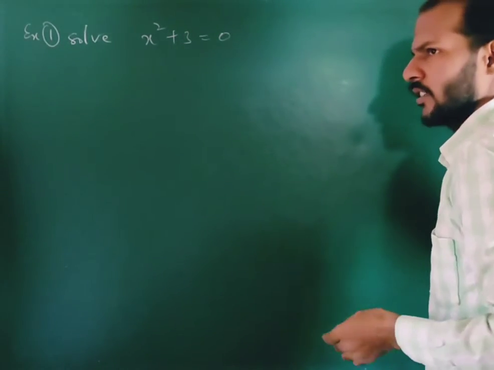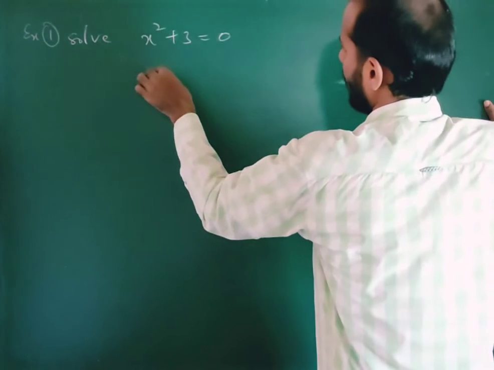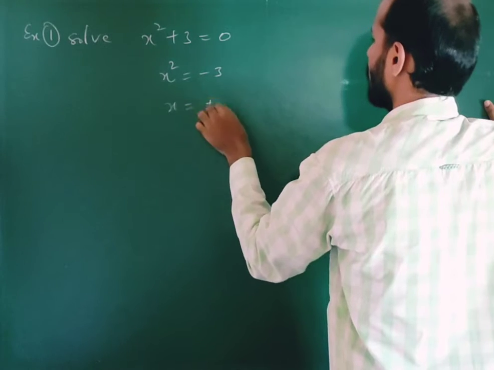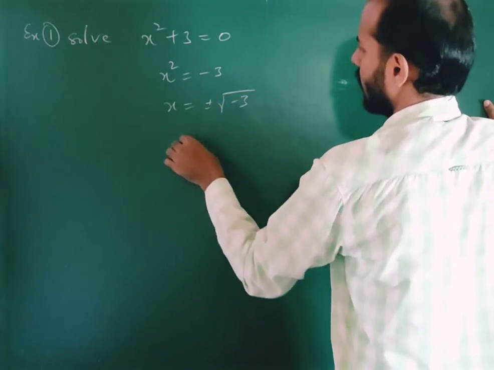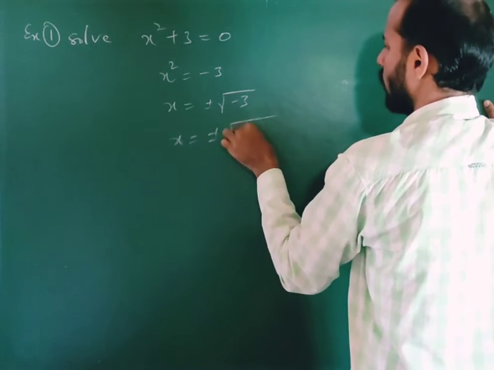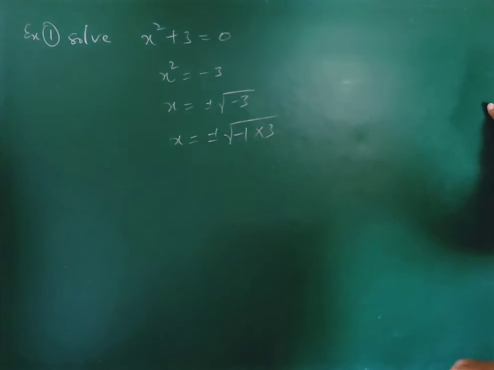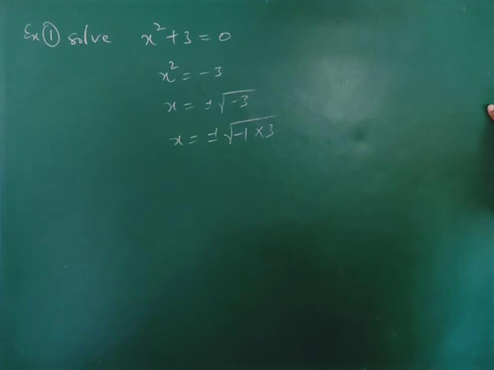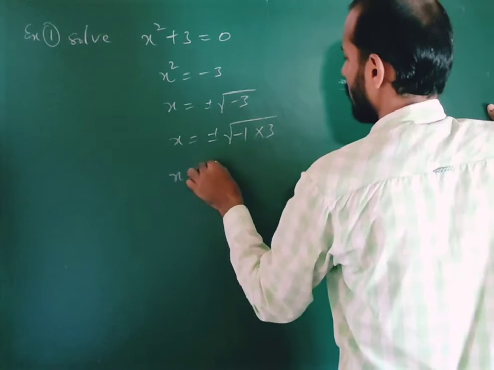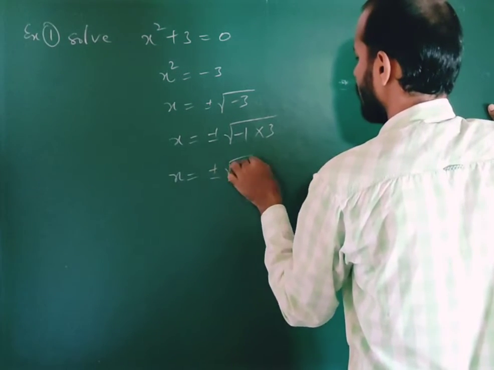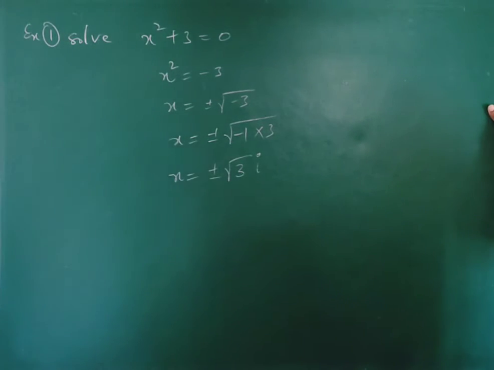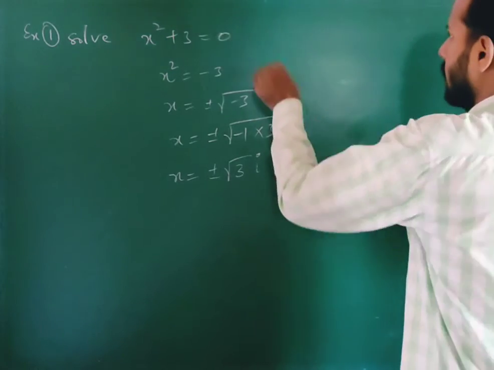We need not use the root formula here; directly we can solve. x square equals minus 3. Therefore x equals plus or minus under root of minus 3, that is plus or minus root of minus 1 into 3. Can you write it like this? Therefore x equals plus or minus root 3 into i, which is nothing but the solution of the quadratic equation x square plus 3.